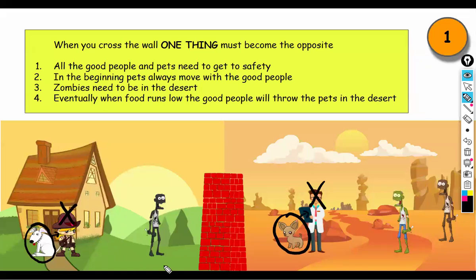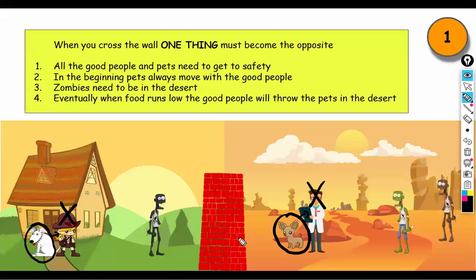The zombies will not be next to the humans. Remember, the zombies don't want to be next to the humans because the zombies are trying to eat them. So the zombies will never be next to the people. Only pets. If you see the letter X and somebody is touching the letter X or right next to the letter X, that's the pet.